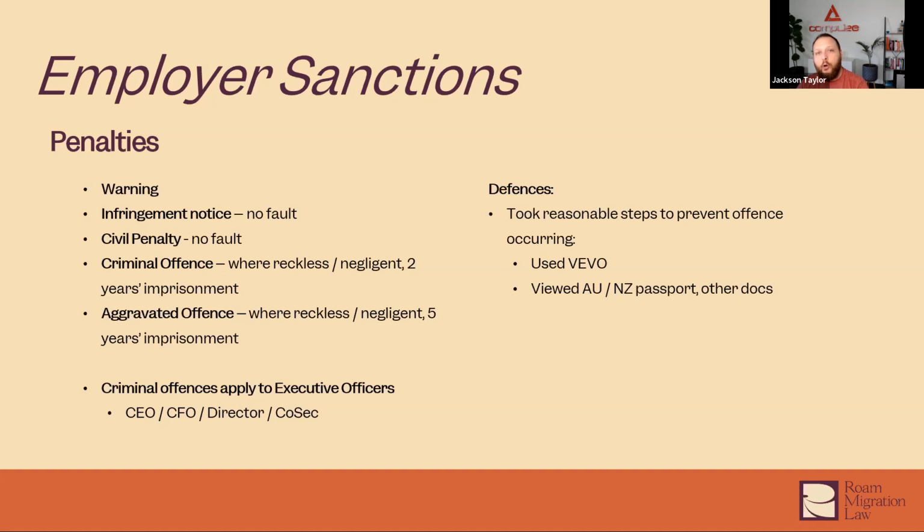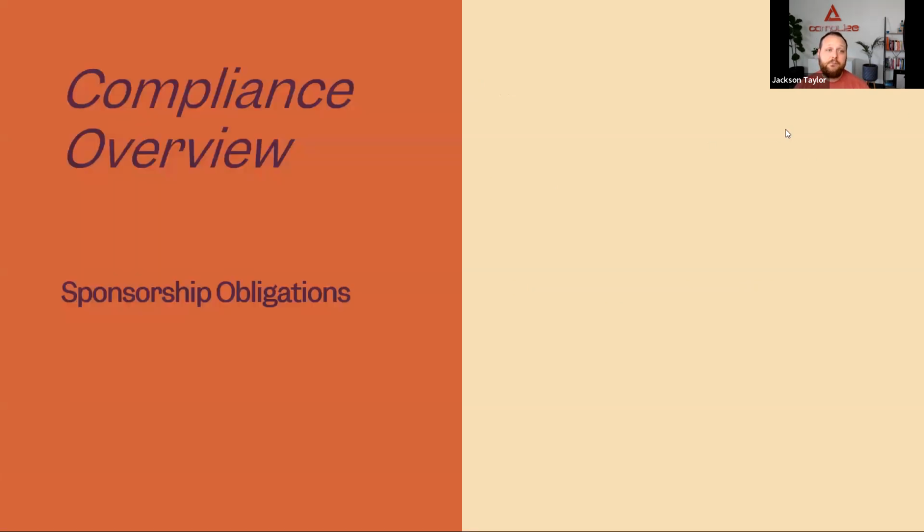And you will not know unless A, that employee tells you, or B, you do a VEVO check, because the government doesn't come to you and tell you, oh, by the way, this employee's visa has ceased. It is your obligation as an employer to continue to check and maintain an awareness of whether or not that person has a valid visa. So that's really important to understand.